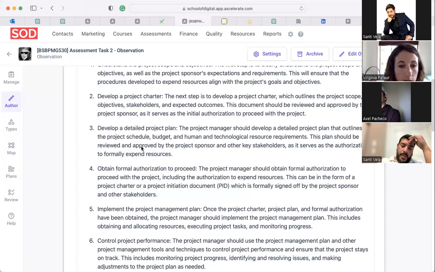Do you remember any plan that is associated to the project management plan? Not too sure. Well, everything is in there, so could be anything. Yeah, give me one.